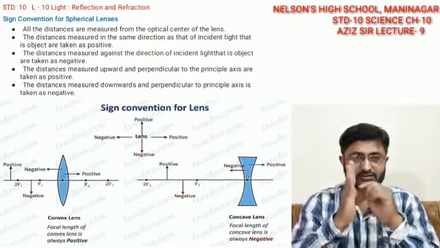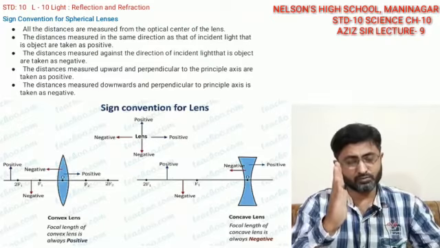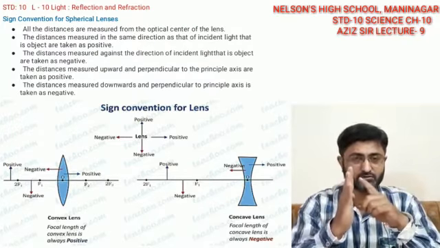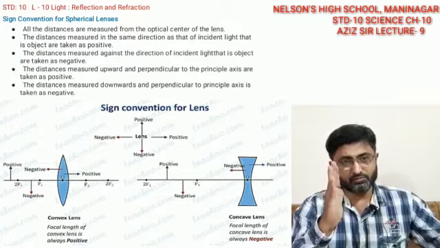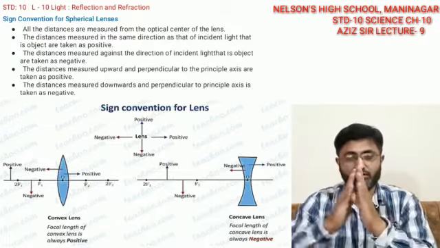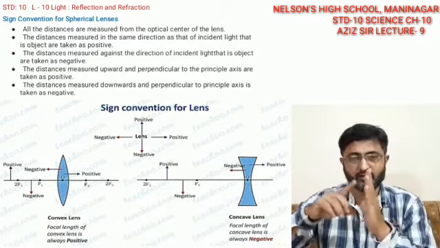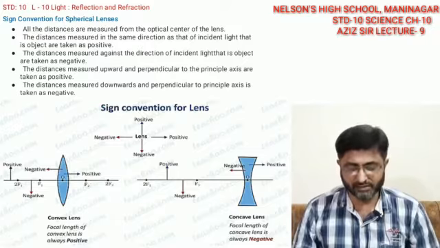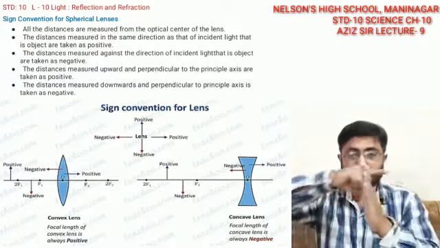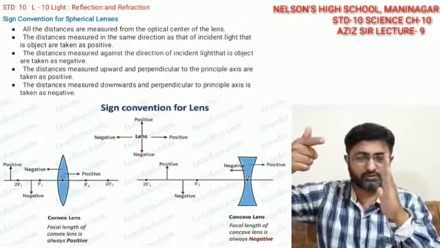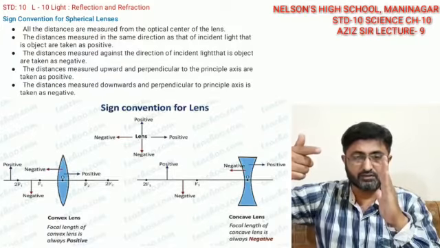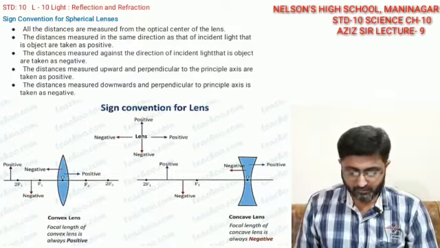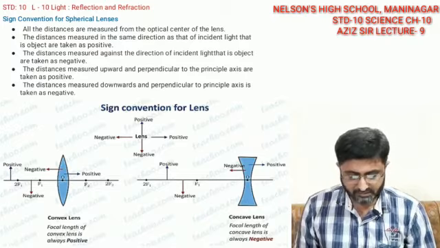So taken towards the object from the lens, everything negative, away from the object, everything is taken as positive. Now this is the principal axis, above the principal axis everything is taken as positive, and below the principal axis everything is taken as negative.